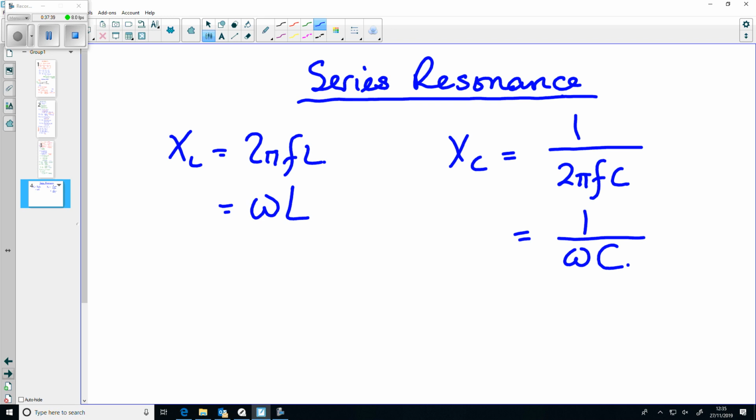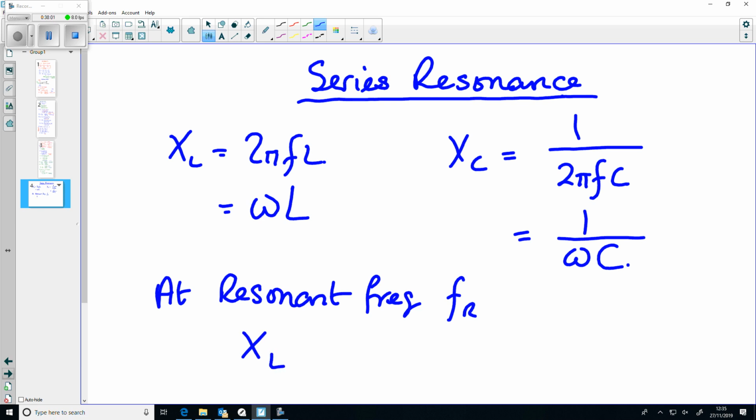Now resonance is about what's called the resonant frequency. At the resonant frequency, FR we'll call it, XL, the inductive reactance, is equal to XC, the capacitive reactance.